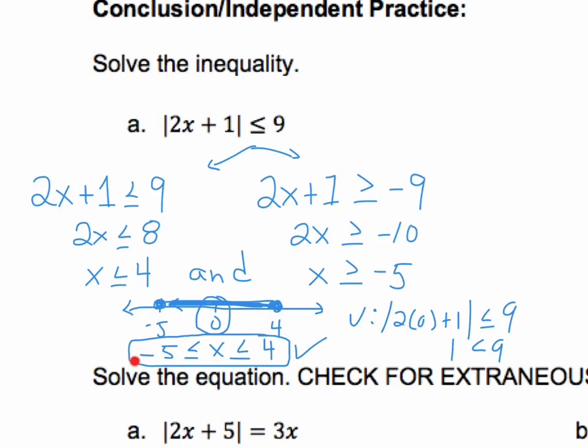Last thing, notice, and this happens all the time, we write our answers from smallest to largest. We're going to write our domains in this way in chapter 2. So you see I started with a negative 5 and stopped at a positive 4. So your answer always goes smallest to largest. And you'll see that, they give you the answers on your assignment sheet. You'll see that the numbers go smallest to largest. That's not like a rule I make, that's like a math thing.